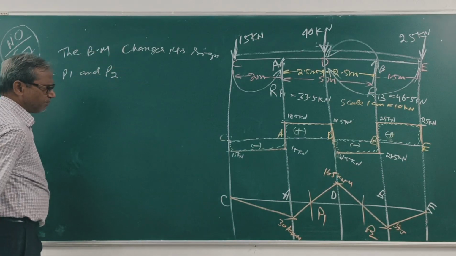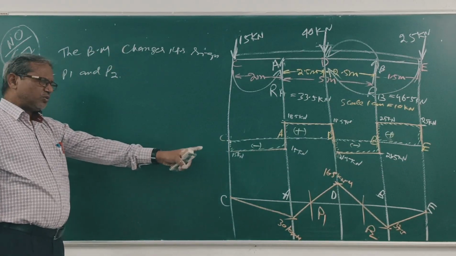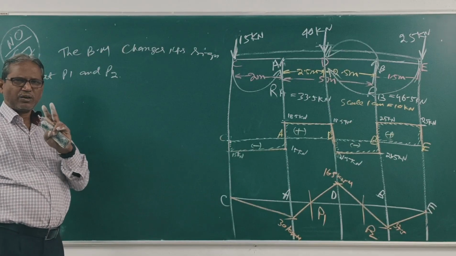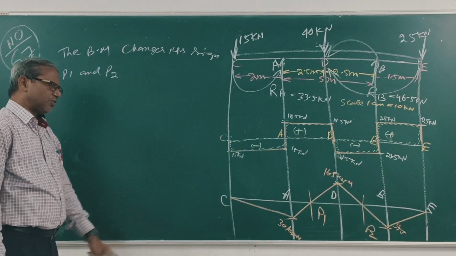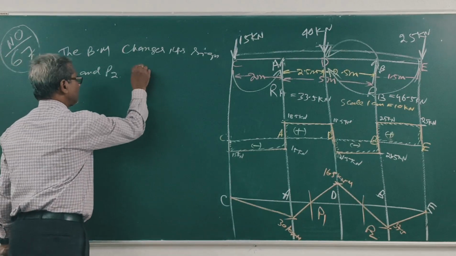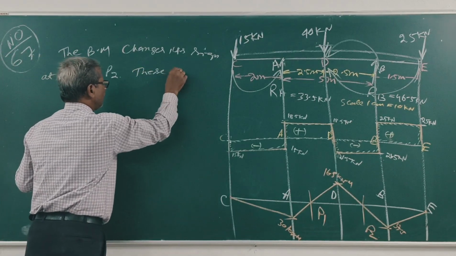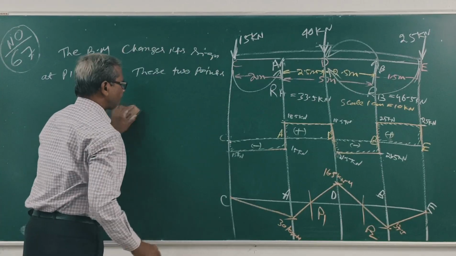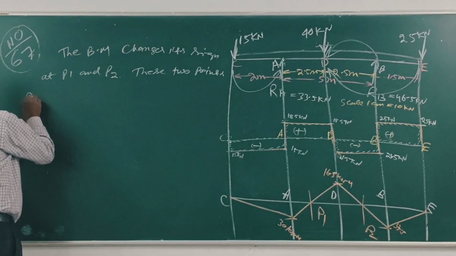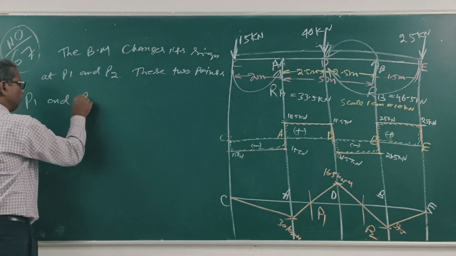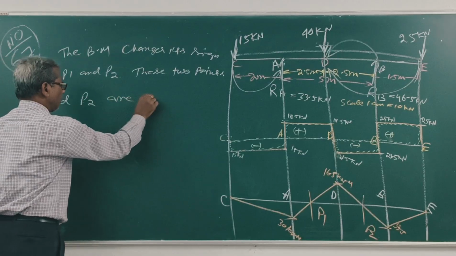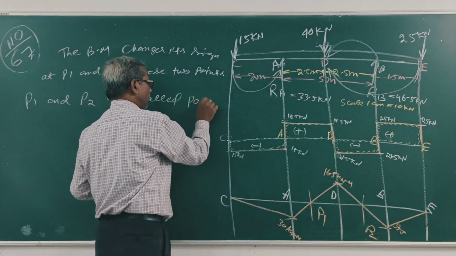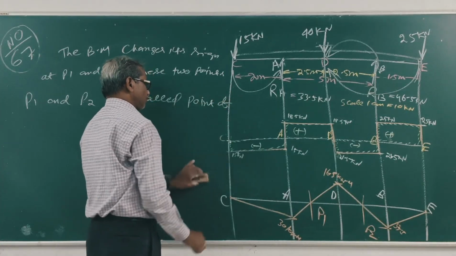Clear? At P1 and P2, the BM changes sign. So these 2 points are called points of contraflexure. Now we'll find out the values of P1 and P2.